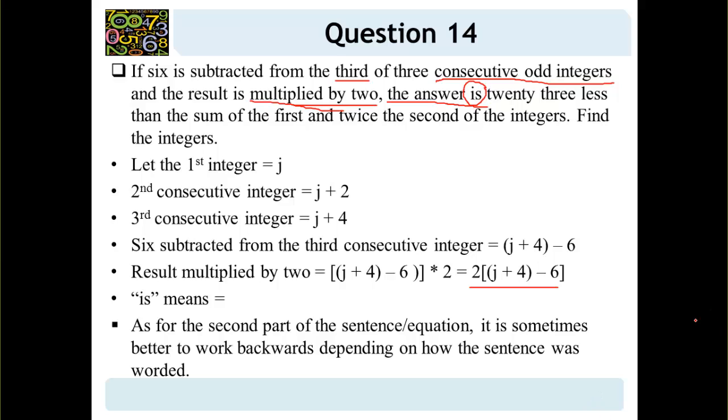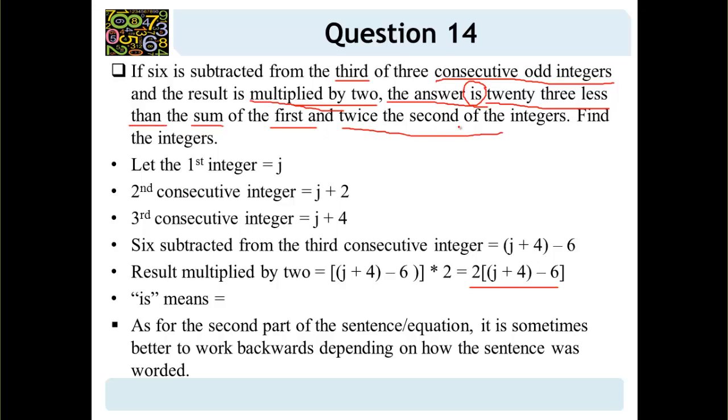Now let's look at the second part. Sometimes it's better to work backwards depending on how the sentence was worded. Now the second one: 23 less than the sum of the first and twice the second of the integers. So here we have to find twice the second first, then find the sum of the first and twice the second, and then whatever we get, we do 23 less than that.